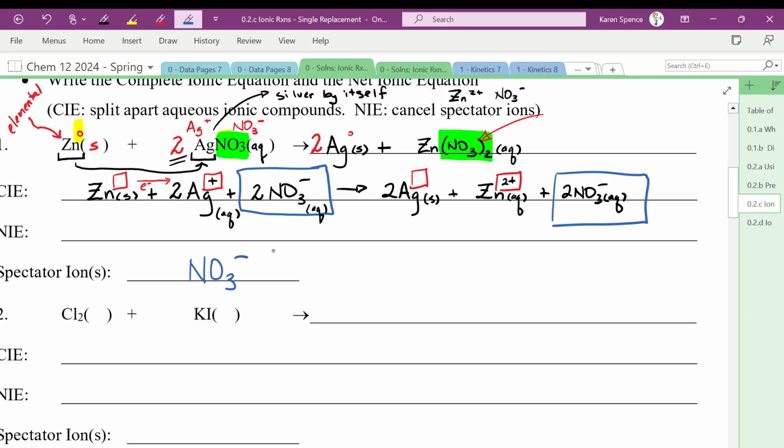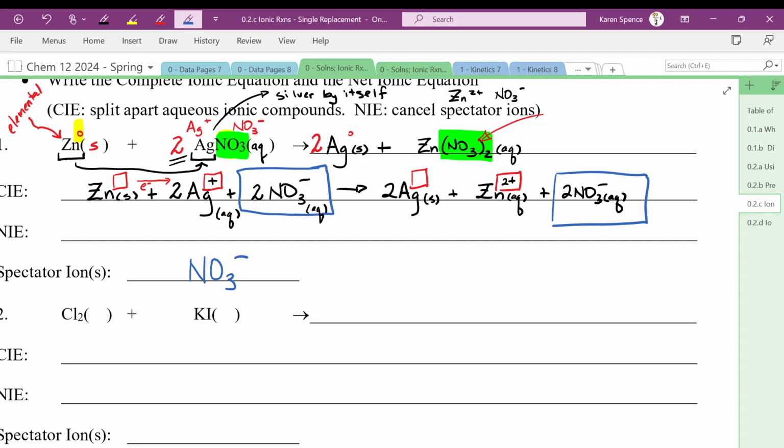We're not going to write 2 NO3 because that would imply that out of the millions and billions and trillions and quadrillions of nitrates, only 2 of them are spectator ions. But in actual fact, all of them are spectator ions. So we're just going to write NO3. Does that make sense? The 2 is just to do with the stoichiometry of the reaction.